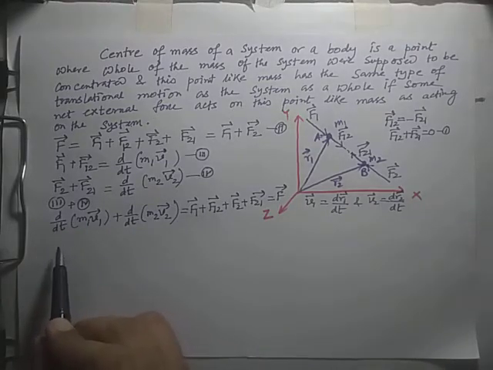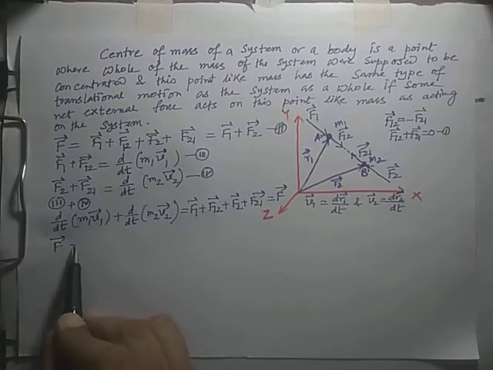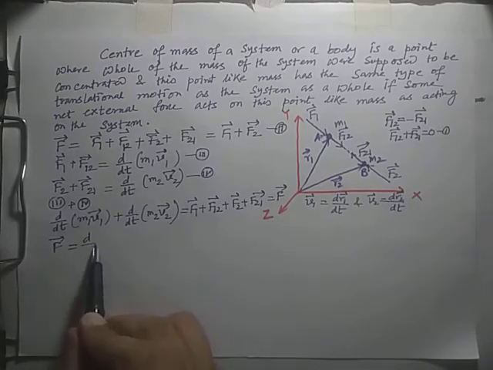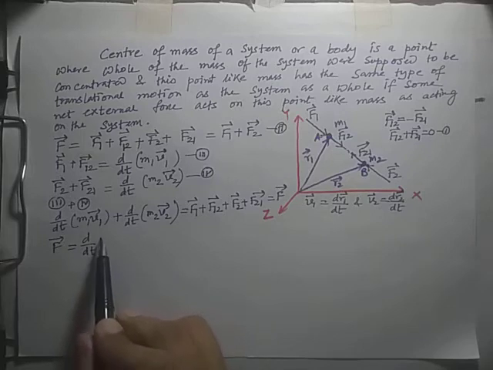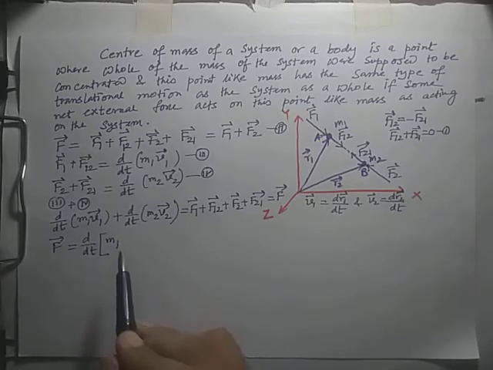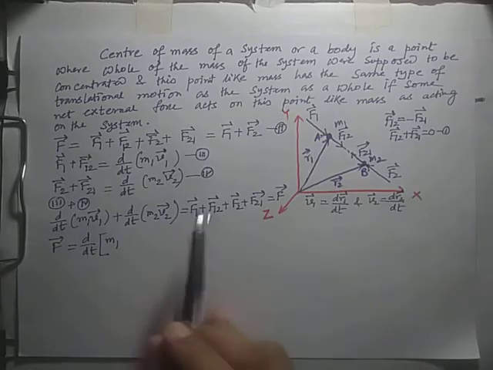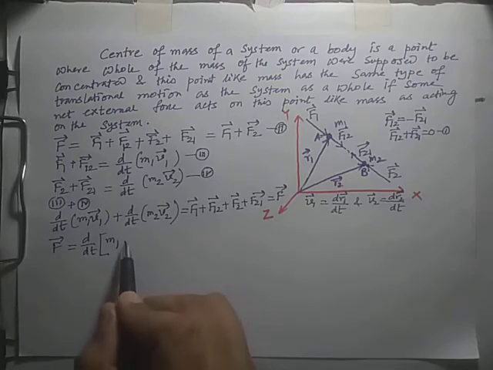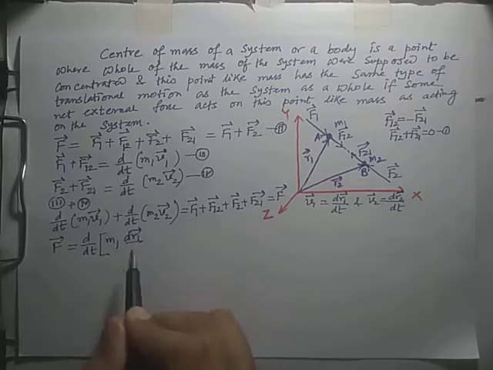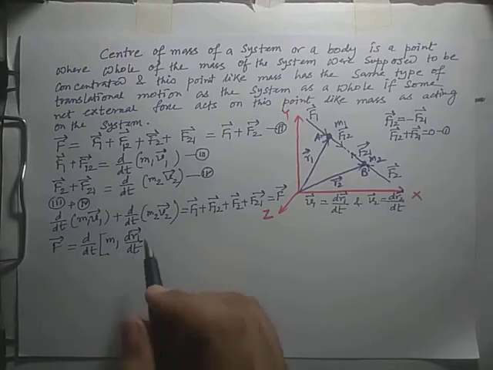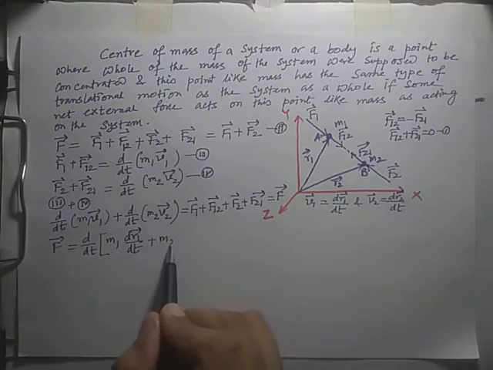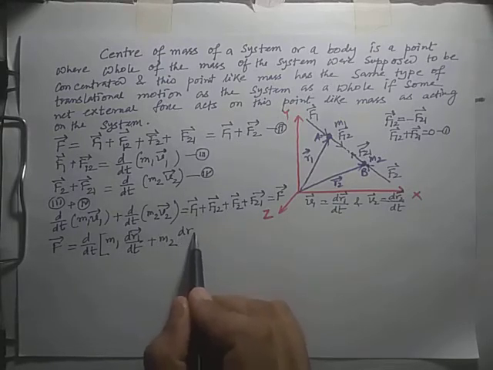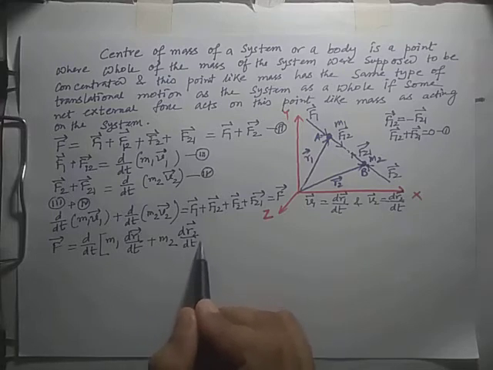Now F is equal to what we got, d by dt. In the bracket you can write m1 v1, and now we'll use v1 is equal to dr1 by dt, plus m2 dr2 by dt.